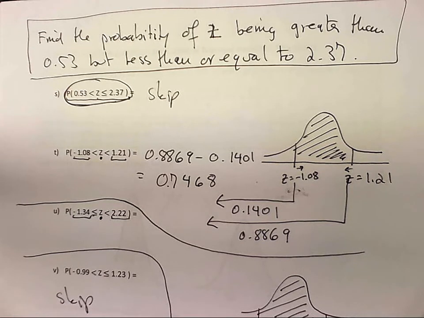Now, in the real world, this doesn't make a whole lot of sense. You would never see a problem like this. Why not? If I come to you and I say, I want to know the probability of a student at UNC Charlotte being less than 6 feet, right? That's a reasonable question, and I want to find the probability of that.